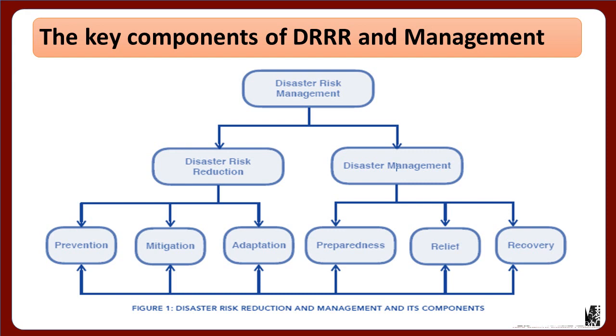Now, here are the key components of DRRR and management. You can see here, disaster risk management is divided into two: disaster risk reduction, and the second one is disaster management. Under disaster risk reduction, we have here prevention, mitigation, adaptation, preparedness, and relief and recovery under disaster management. So in a certain phenomenon, let's say for example in your place, you are prone to earthquake.